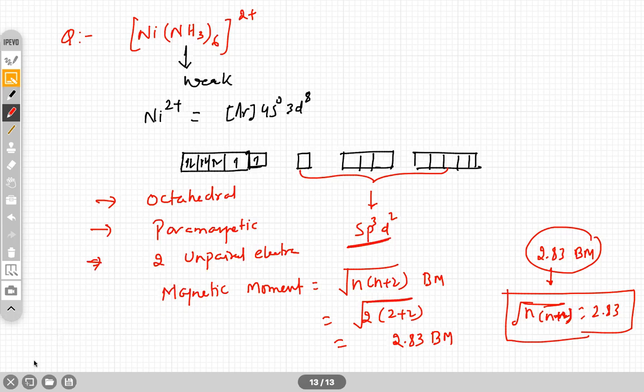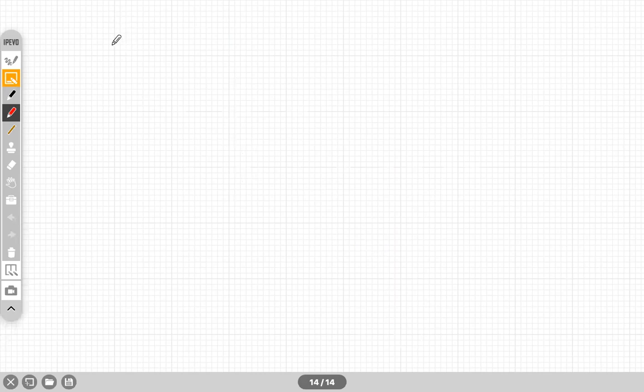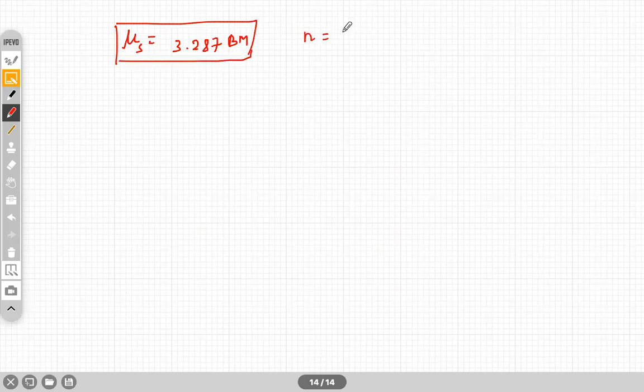Similarly, if the n value is 3, suppose the magnetic moment mu we are getting is 3.87 BM. 2.83, n value is 2; 3.87, n value is 3.